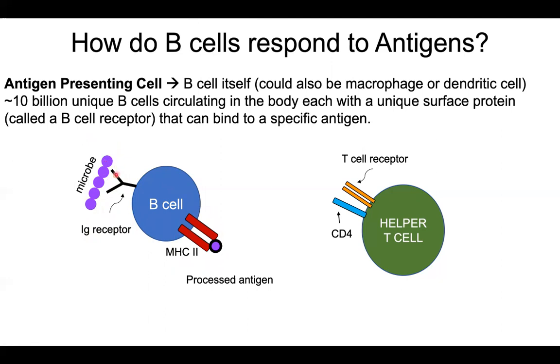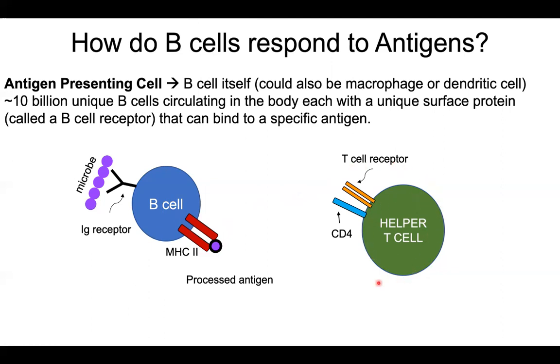So the microbe is bound by the IG receptor on the B cell, and then it's processed inside the cell through the process of phagocytosis. And then the protein part of the antigen that's been processed is expressed on the surface along with the MHC2 molecule here. Then along comes a T helper cell, or a helper T cell.